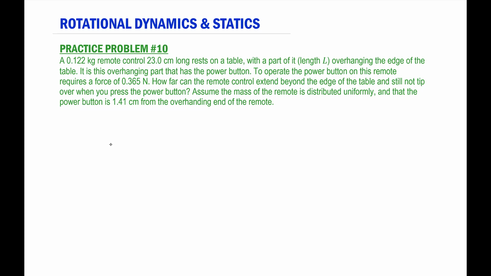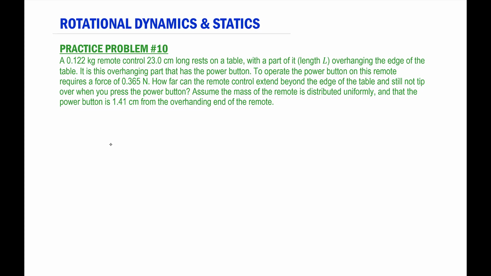what we're given. So we know F is equal to 0.365 newtons. We know M is equal to 0.122 kilograms. XCM is equal to 0.23 meters divided by 2, because the center of mass is just half of the total length.